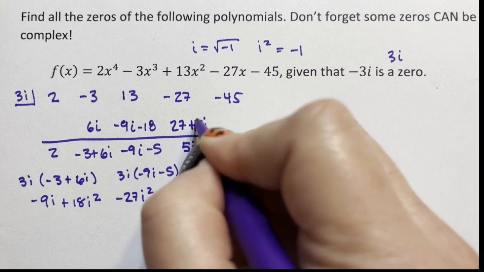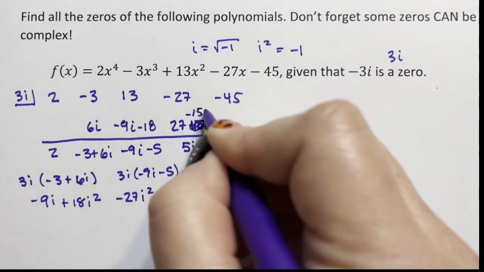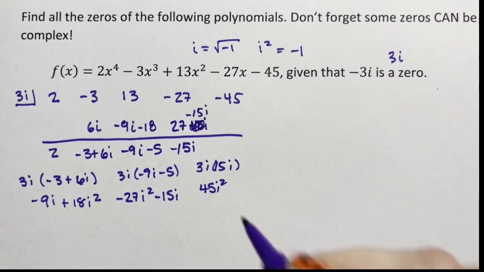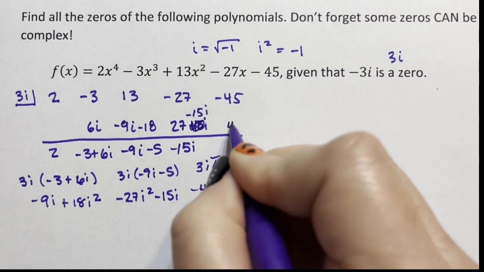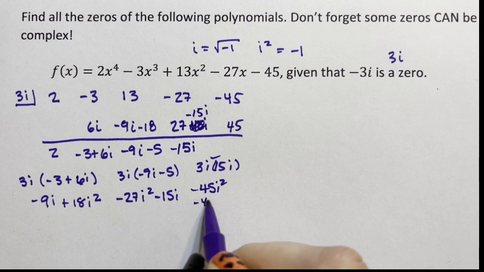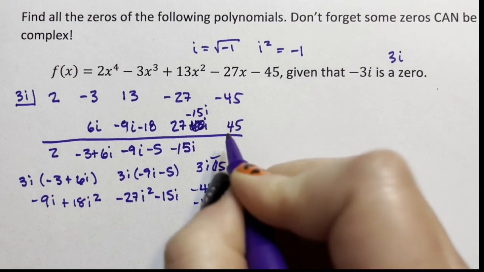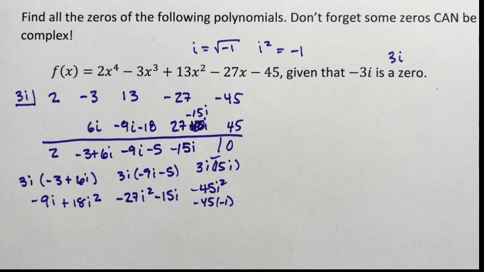This is going to become a positive 45 because -45 times -1 is a positive 45, which makes that a 0. There we go. All right.